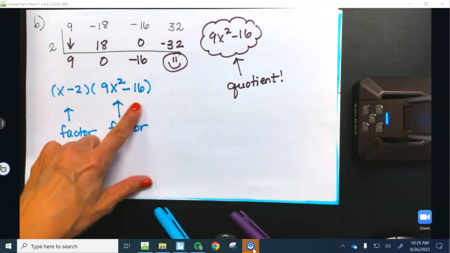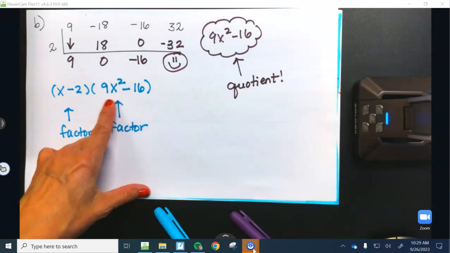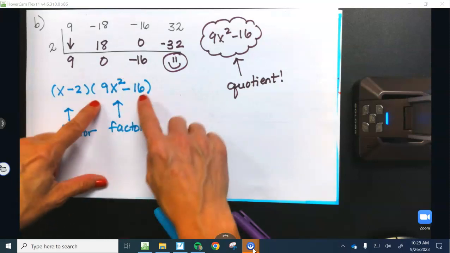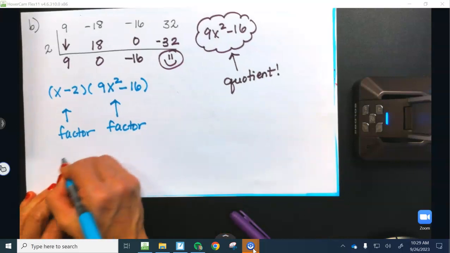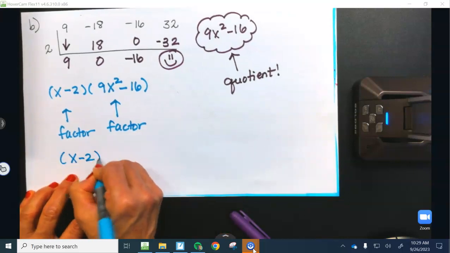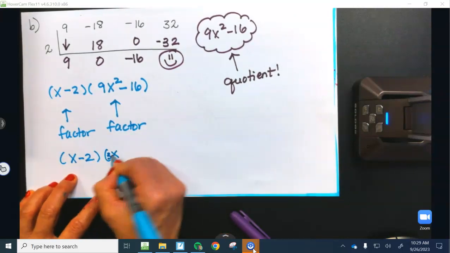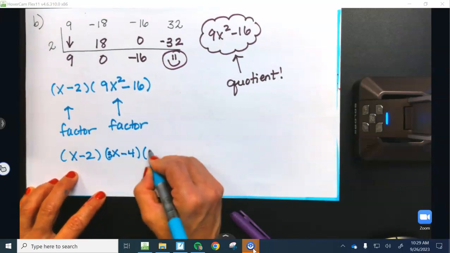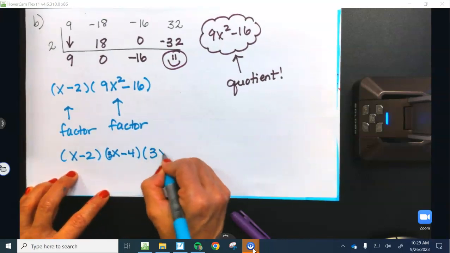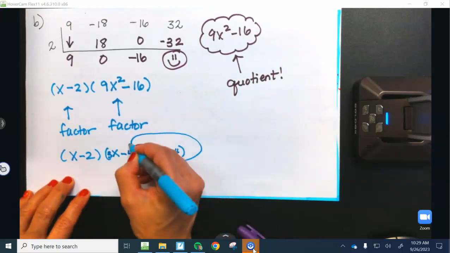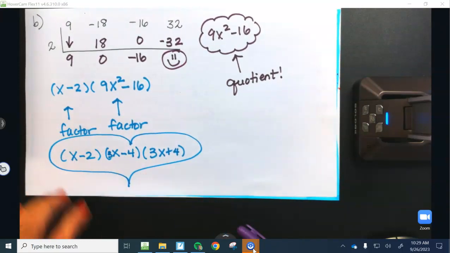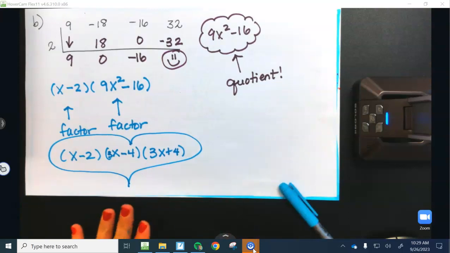Look, let's keep going on this factor. Do y'all recognize what this is? This is a difference of 2 squares. What is this factor to? 3x minus 4, then what? 3x plus 4. I am just going to draw a heart around that because that is just happiness right there.